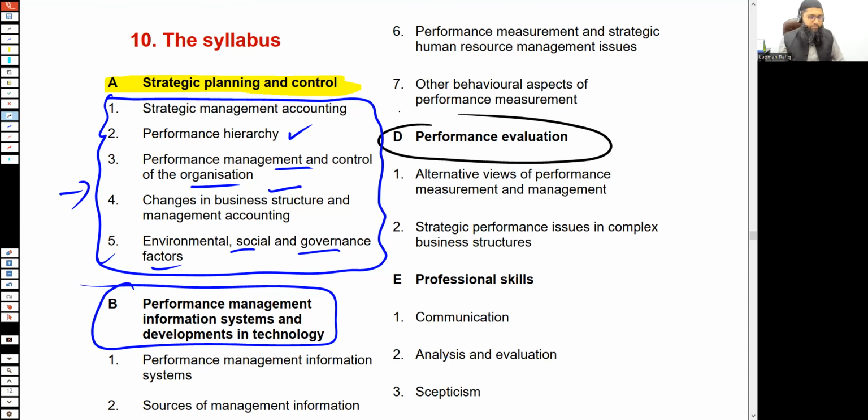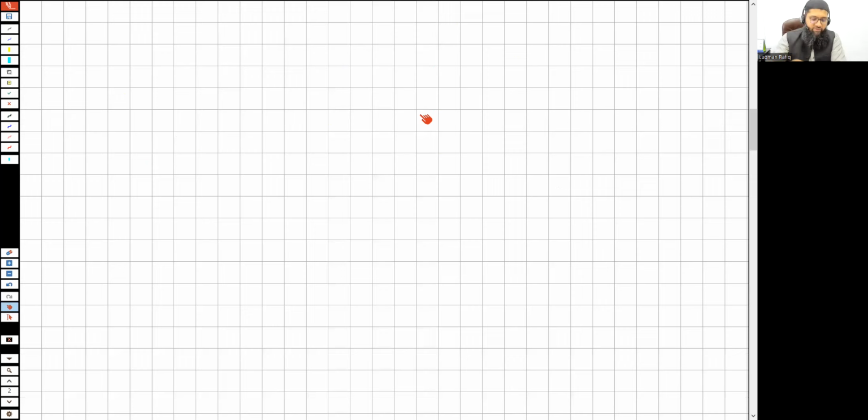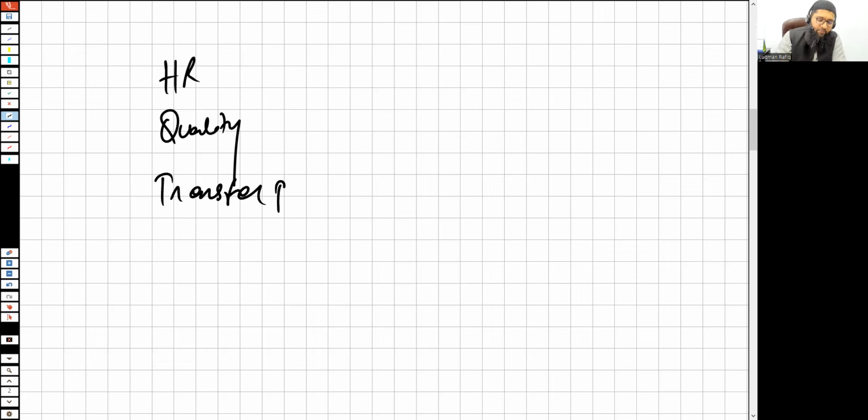Obviously, I'm not getting into the details, but when you discuss this APM syllabus, you would be talking about each and every aspect: the HR aspects, aspects relating to quality, aspects relating to transfer pricing, and aspects relating to the divisional structures of the organization.